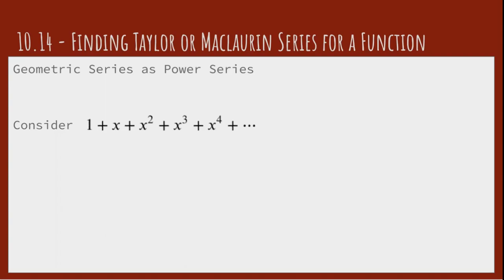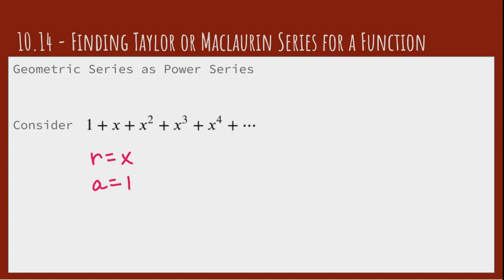So if we take that and apply it to an infinite polynomial like the one on the screen here, this polynomial is not just a power series, but it's also a geometric series. If we take a look at the terms, each term is the term before it multiplied by x, which means that it's a geometric series with a common ratio of x.